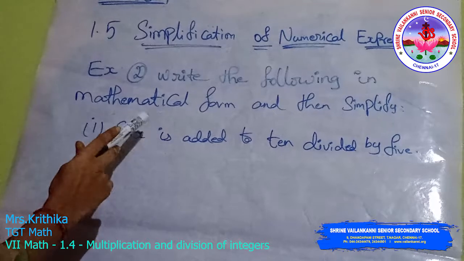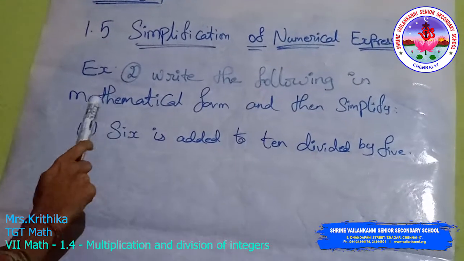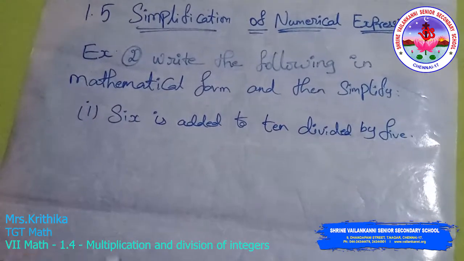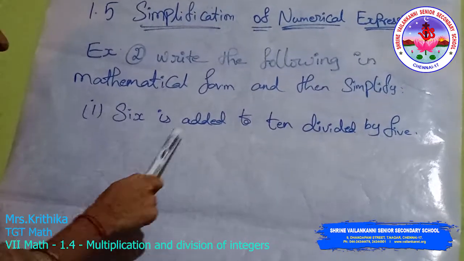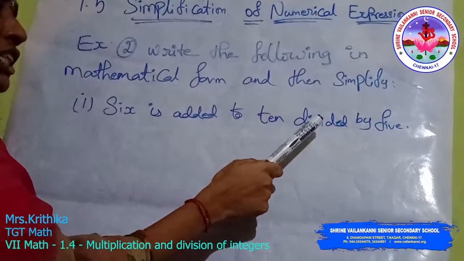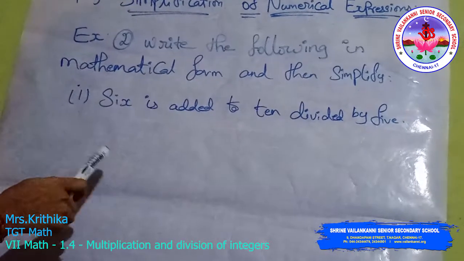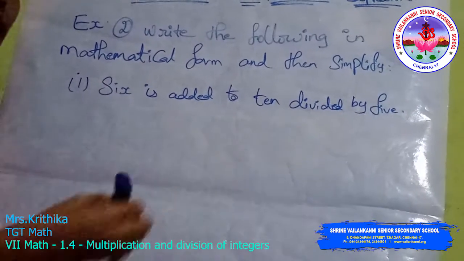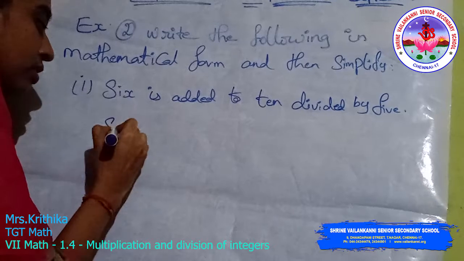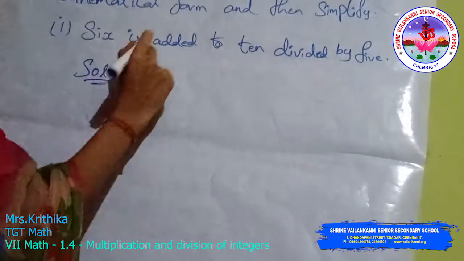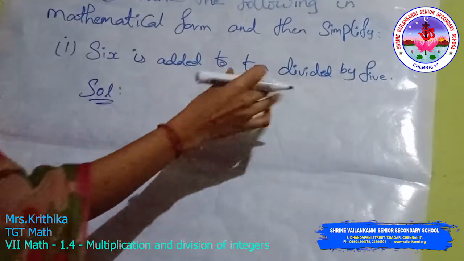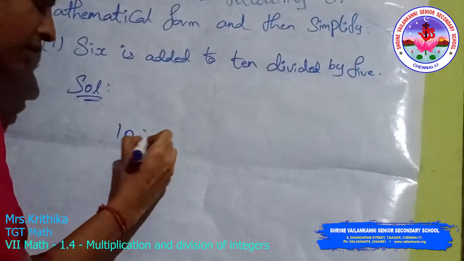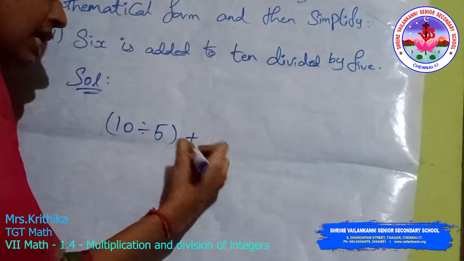Next, second example. Write the following in mathematical form and then simplify. This is the word problem. The first question is: 6 is added to 10 divided by 5. The solution: 6 is added to means this value comes first, 10 divided by 5, plus 6.